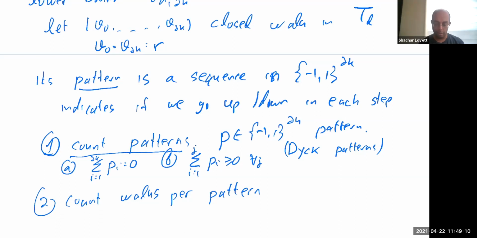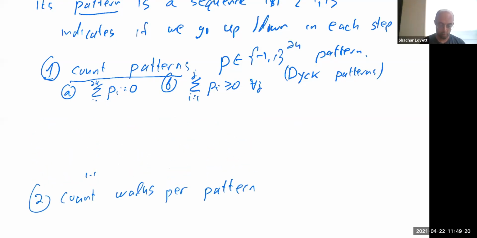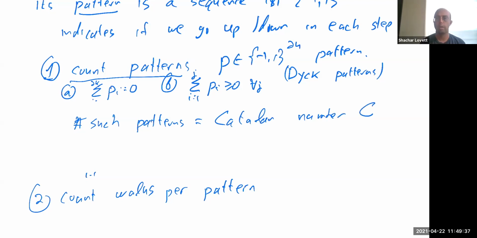And in fact, their number, so maybe let me just create more space here. Okay, good. The number of such patterns turns out to be exactly equal to what's called the Catalan number. You can say k or 2k, I don't know how it's usually called.